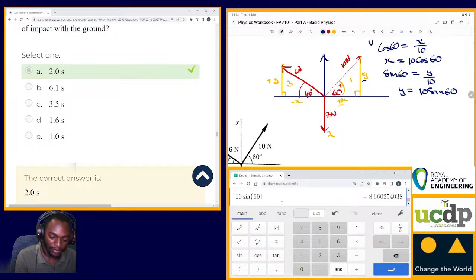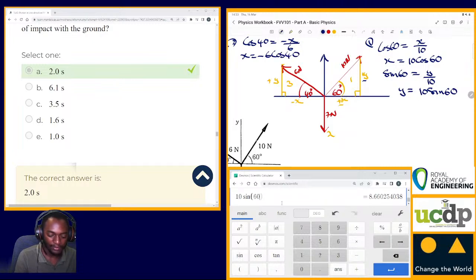So this was for 1. We're going to do it for triangle number 3. What are its components? To find x, which is in the negative, that's adjacent again. So cos 40 equals our adjacent, which is negative x, over the hypotenuse, which is 6. So x is going to be equal to negative 6 cos 40.